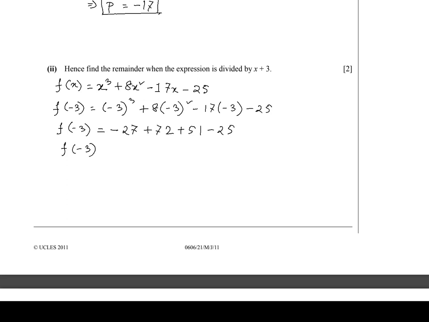Let me use the calculator to get the value, and it is 71. So f(-3) equals 71. So if the expression gets divided by the term x plus 3, it leaves a remainder of 71. So the value of the remainder is 71.